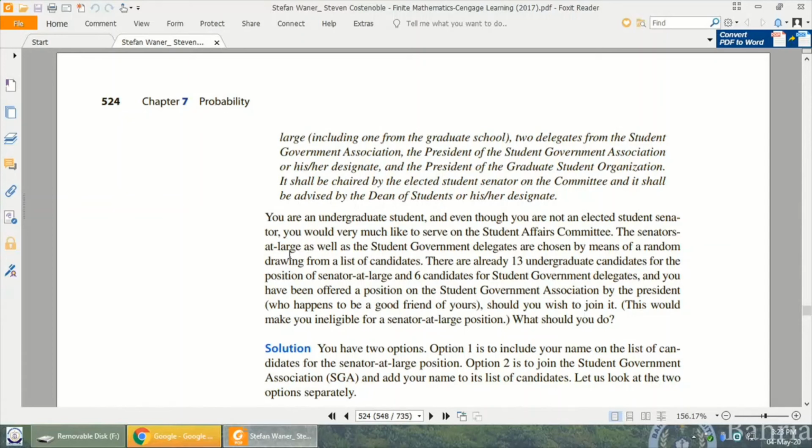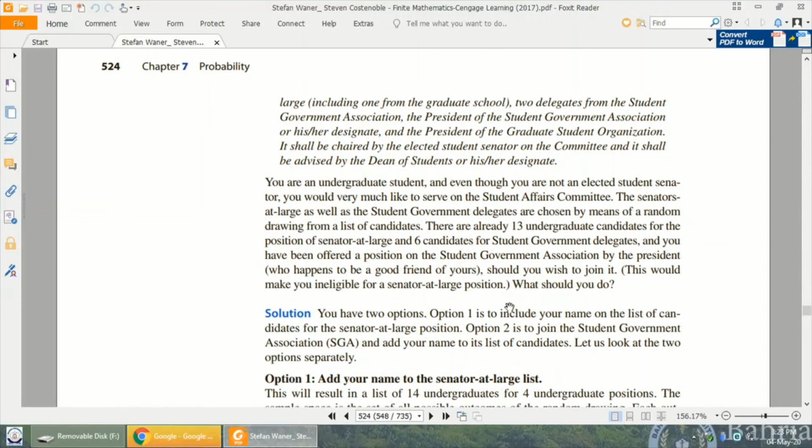So senators at large as well as student government delegates are chosen by means of a random drawing, so you already know that there's combination. 30 undergraduates for the position of senator at large and 6 for student government delegates, and you have been offered a position of student government association. 6 government delegates, so you have a government association by the president, so happens to be a good friend, so you wish to join it. So if you have such positions or such options where you are considering yourself, so you would be subtracting 1 out of the total possibilities that you have.